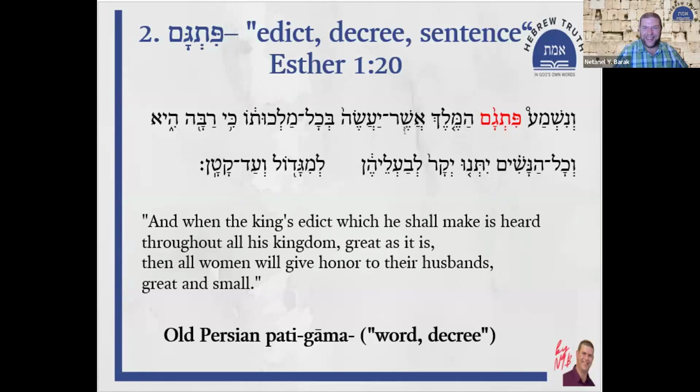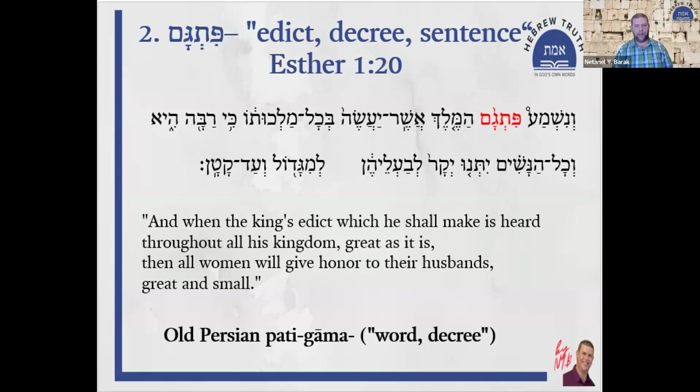Anyway, so Pitgam Hamelech, the word that comes forth from the king, which is Patgam or Pitgam, edict, decree. Pitgam Hamelech, again, only in the Persian context, only in the later books.